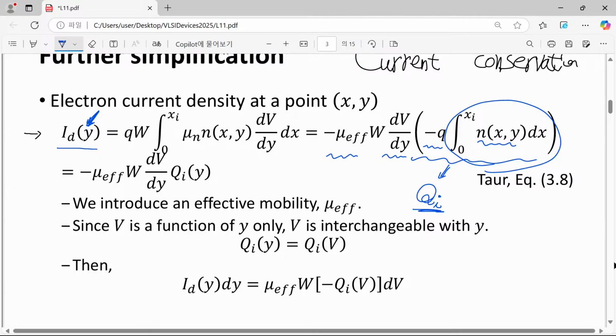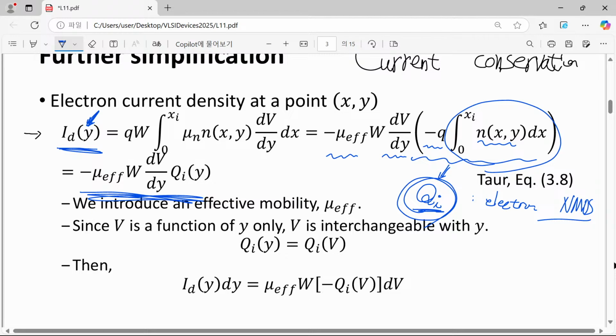So please, Qi originates from only electrons in our N MOSFET. It is difficult to expect this kind of electronic charge in our p-type substrate, but due to the inversion phenomena, we can expect this Q sub I. Then now we can say this is the expression.